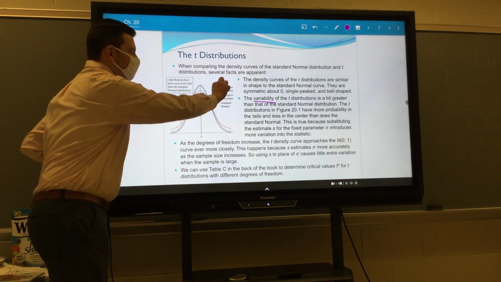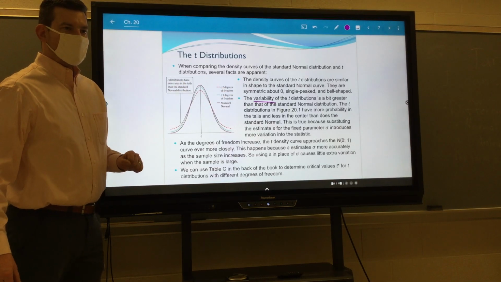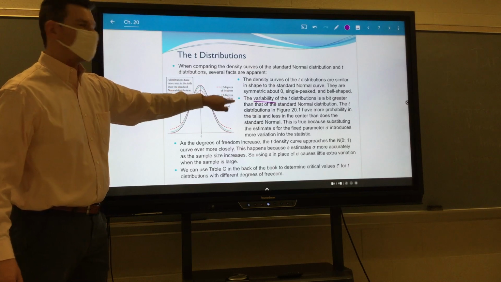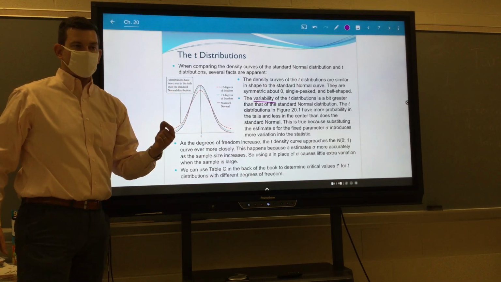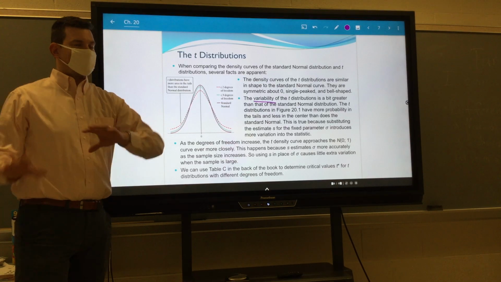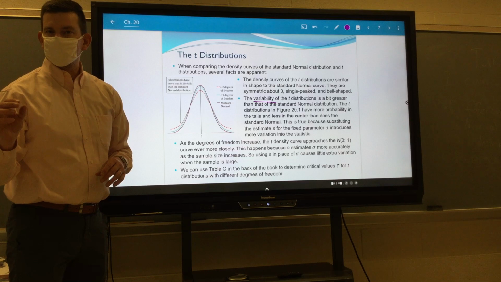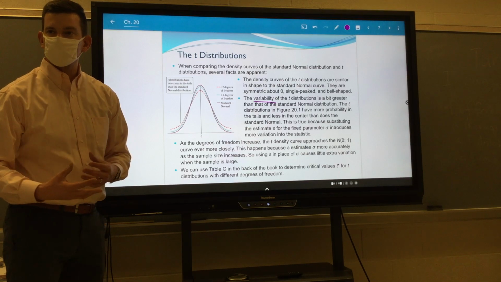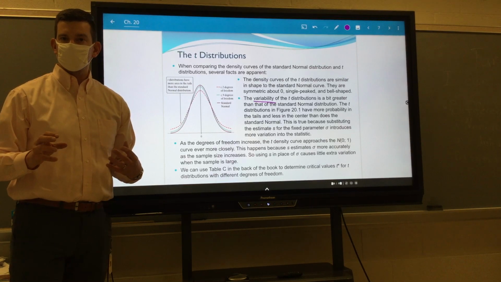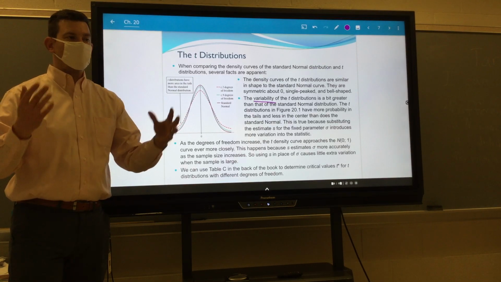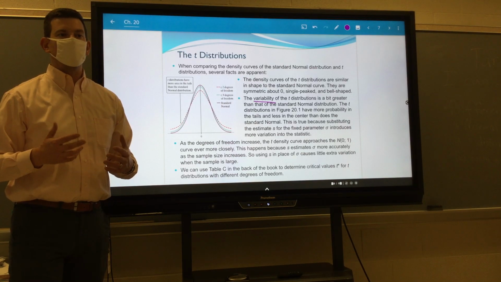We have 2 different t-distributions here. This red dotted distribution is a t-distribution with 2 degrees of freedom, meaning that there's a sample size of only 3, which is one of our perks: you can get away with smaller samples in a t-distribution, which is a big asset to us. We know the bigger the sample size, the better, but sometimes that's not always practical or feasible.